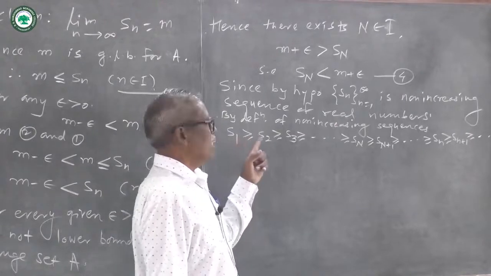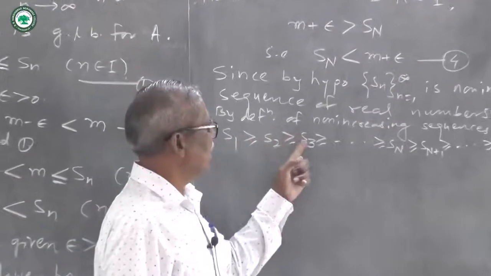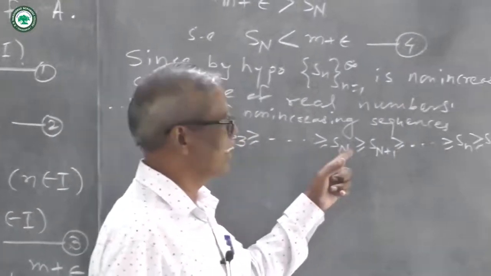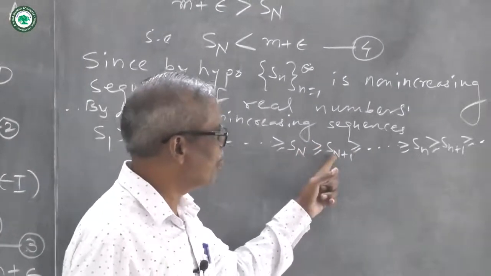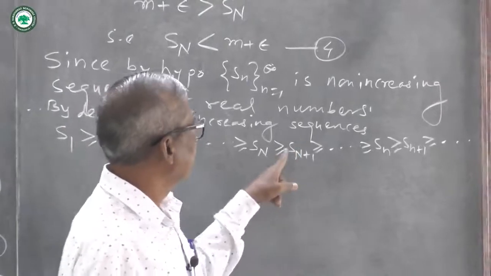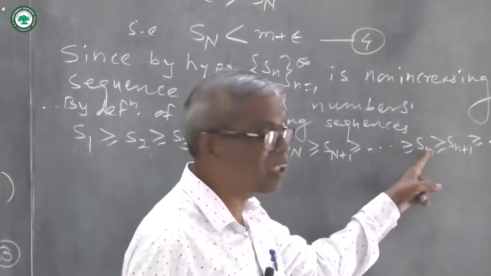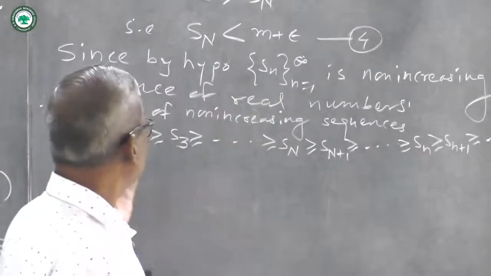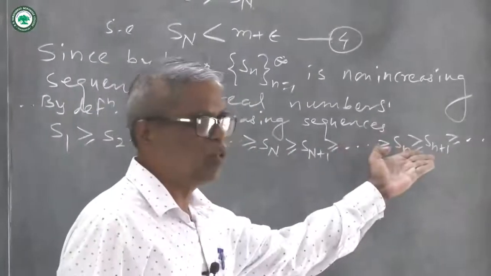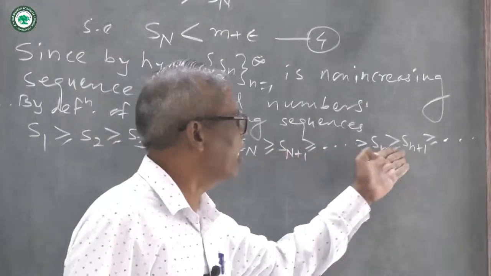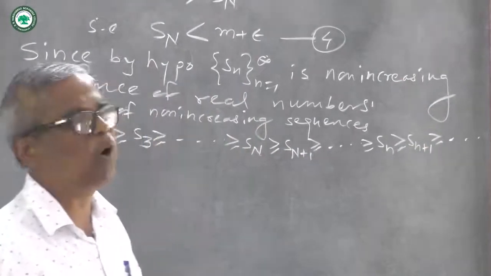S1 is greater than S2, S2 is greater than S3, S3 is greater than Sn, Sn is greater than Sn plus 1, and S suffix capital N is also greater than S suffix small n. The suffixes are increasing 1, 2, 3 and so on up to capital N plus 1, small n plus 1 and so on.